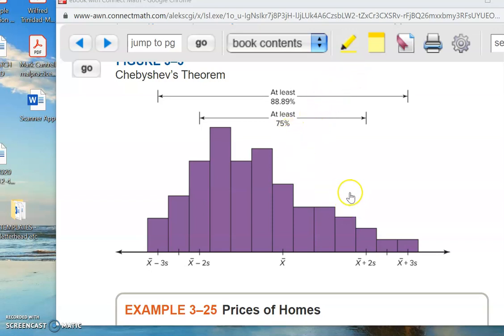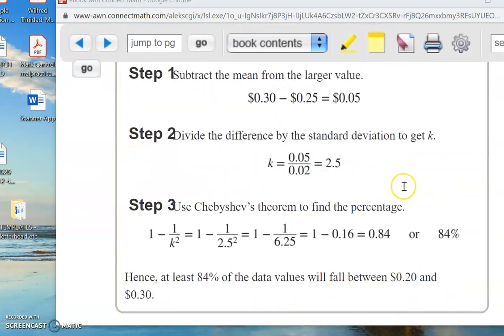Now we're at 2.5 standard deviations. So it's going to be somewhere between 75% and 88%, just looking at this cartoon. And that's exactly what I got. I got 84%.